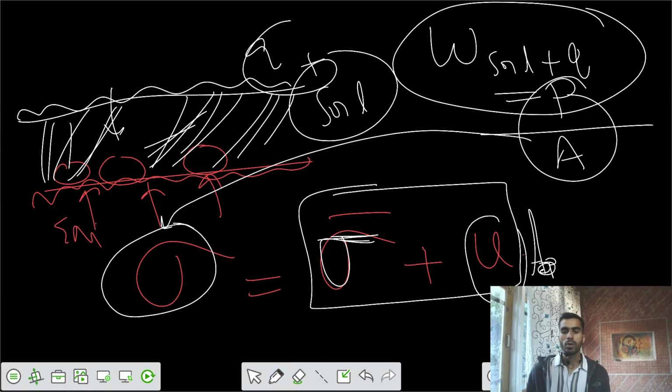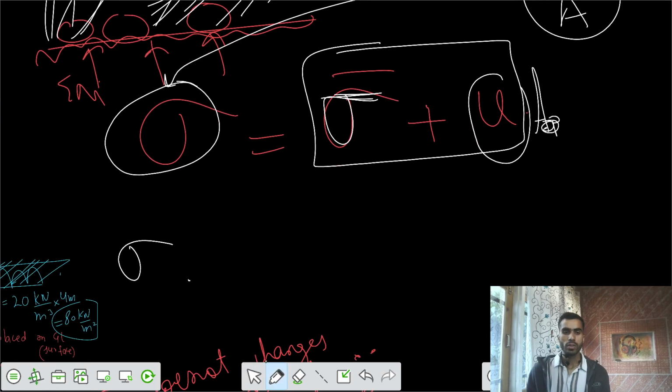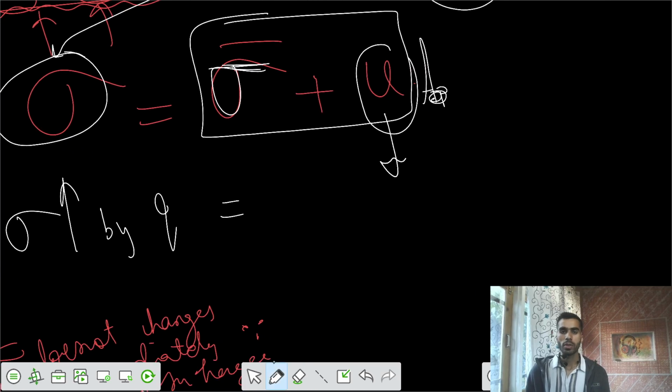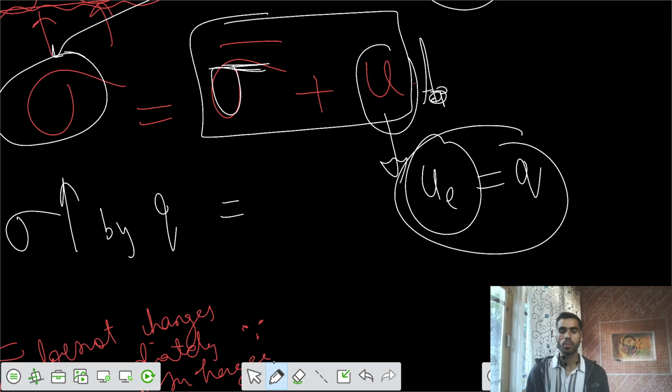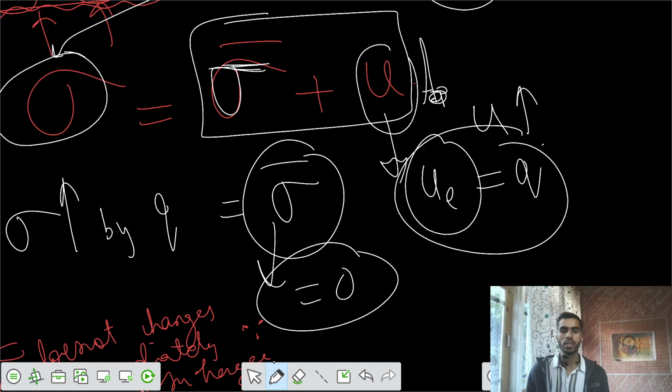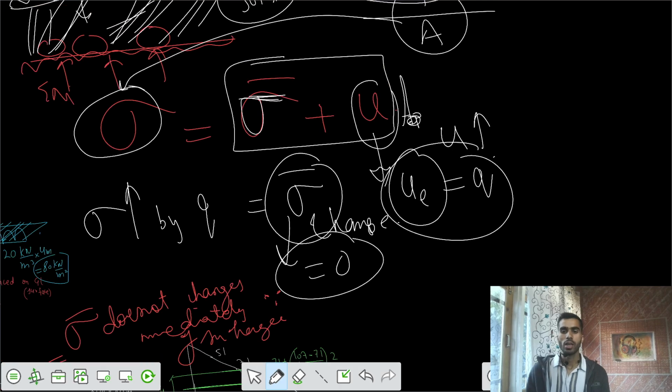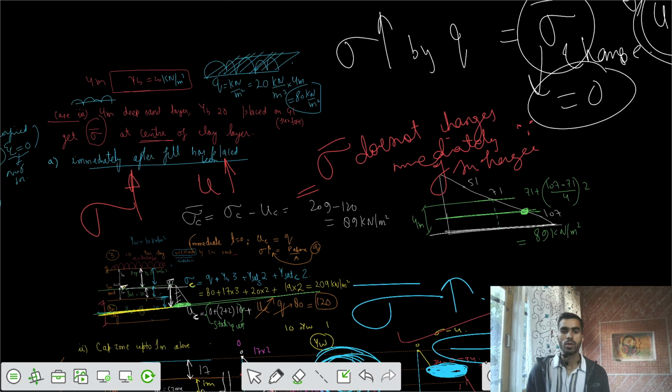Now, I would say your total stress got increased by the value of Q, and that is balanced by the increase of pore water pressure, the excess pore water pressure, that was also equal to Q, such that your change in effective stress was 0. So finally I would write, for the immediate condition, your change in effective stress equals 0.